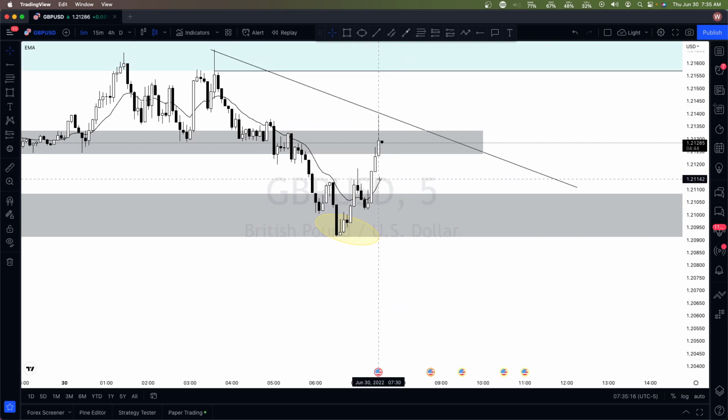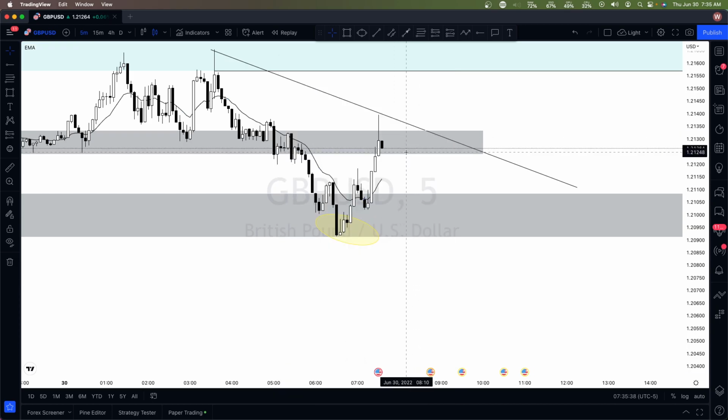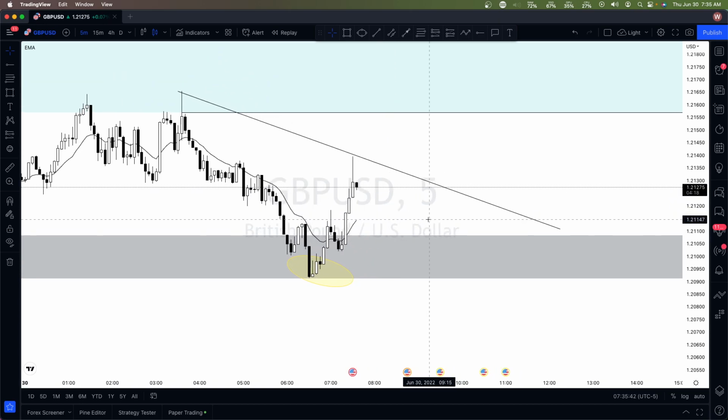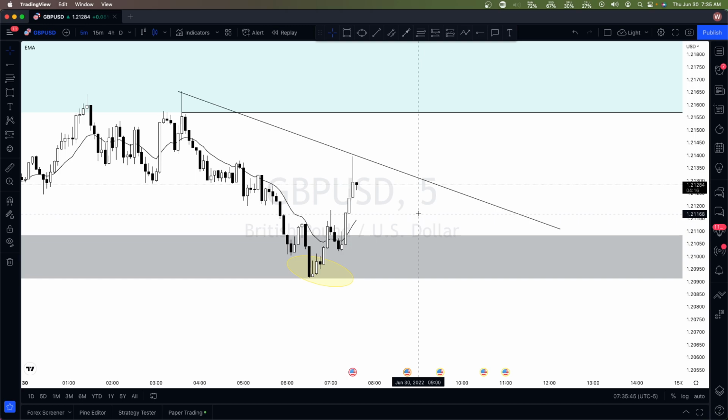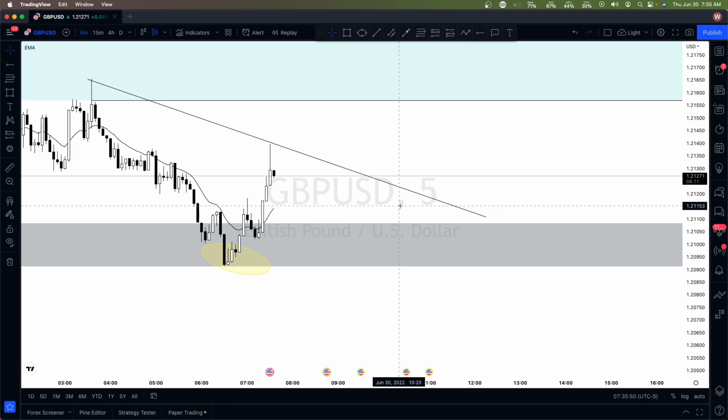So what I'm gonna do is set an alert on the EMA, and when we close below it, once we come down and test the EMA, I'm gonna start looking for some entries. But right now, we're gonna wait and look for entries. So we'll come back when we've got some movement.